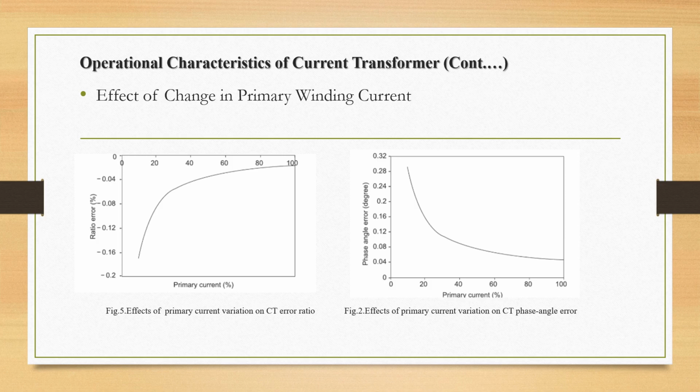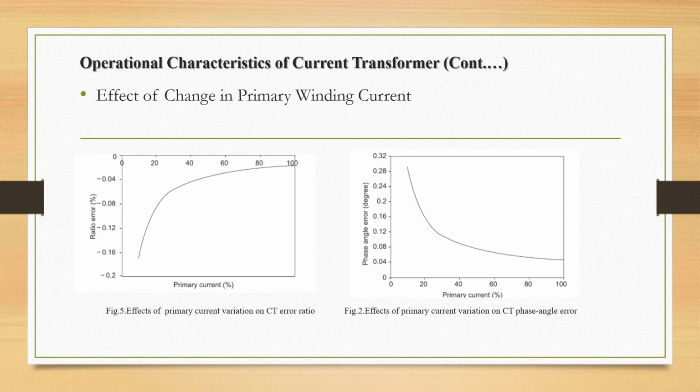And the turns ratio will differ from the transformation ratio. When the magnetizing component and core loss component change, there will be a difference between turns ratio and transformation ratio. As a result, the ratio error will increase.